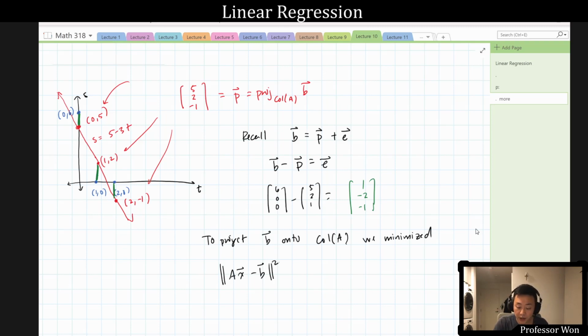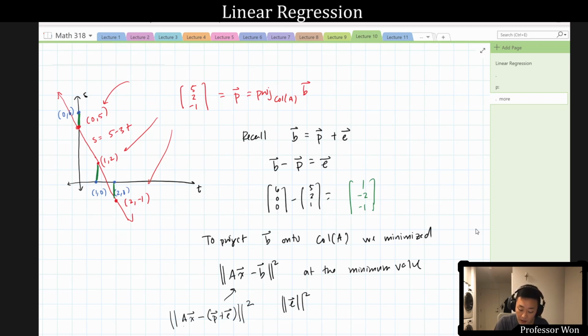But the minimum value ended up being the magnitude of e squared, right? Because we just rewrote this as Ax minus p plus e, squared. And then we use the Pythagorean theorem because Ax minus p was perpendicular to e.